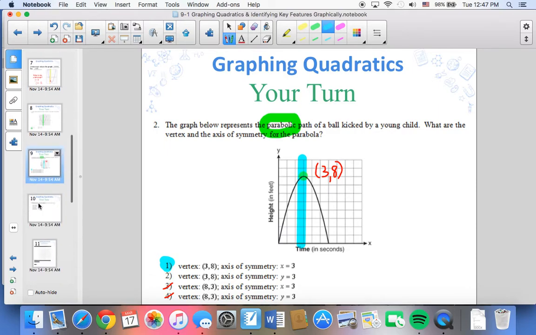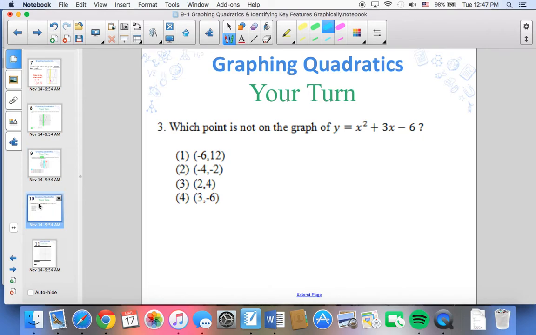Okay, and then let's do one more. Unfortunately, a limitation of this video is that I can't show you my calculator, but this is a calculator question. It says which point is not on the graph of y equals x squared plus 3x minus 6. I think the easiest thing to do is just to plug it into your calculator and we'll look at the table. So why don't you take your calculator out?